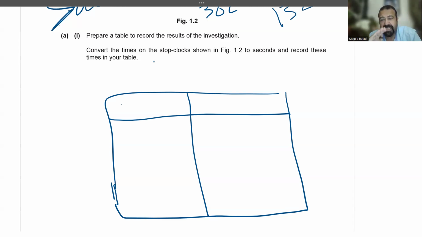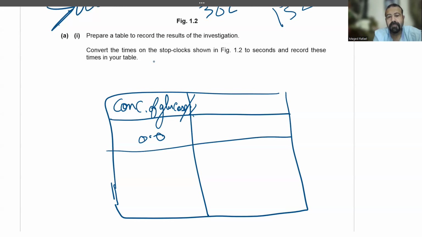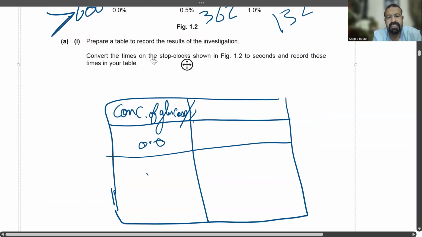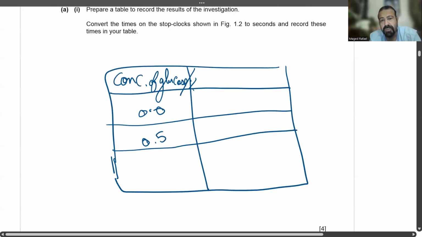Always, the independent part comes first. The independent here was what we are changing, and it is the concentration of glucose per percent. And we will write here 0, and the second one was 0.5. Please don't write percent because you wrote it in the heading of the table. And the last one is 1.